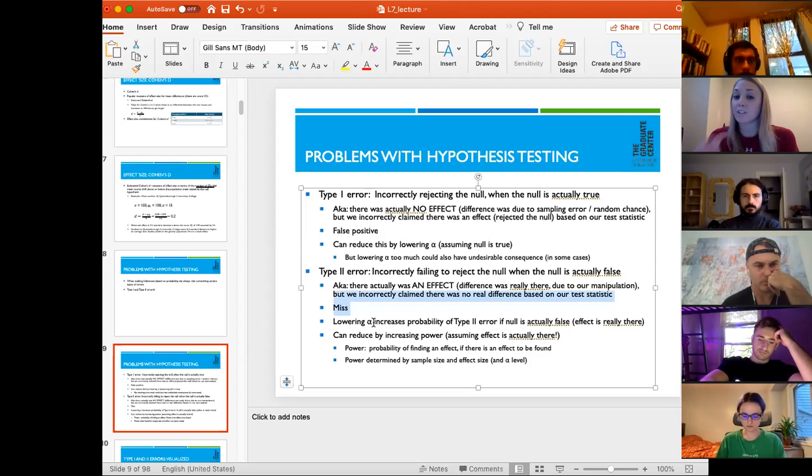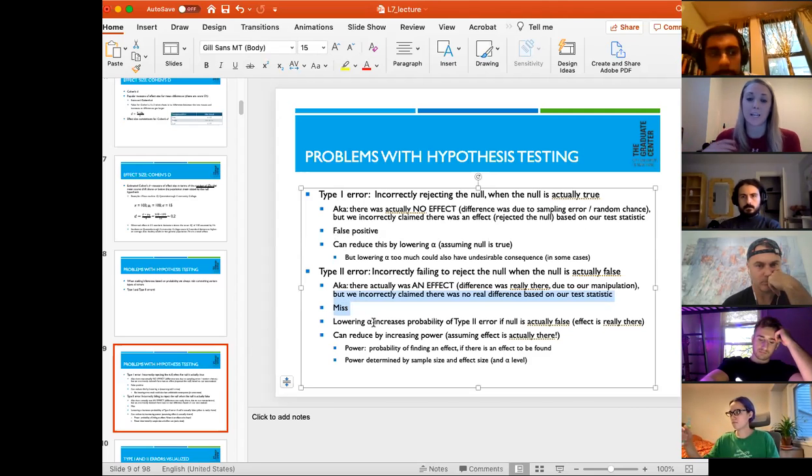There actually was an effect to be found, but we never get to know whether there is an effect or not. We missed it either because of the sample we pulled, or because our study was underpowered. Maybe the way we designed the experiment, we didn't have enough data points, or our data was just really noisy. Whatever it is, we committed a type 2 error.